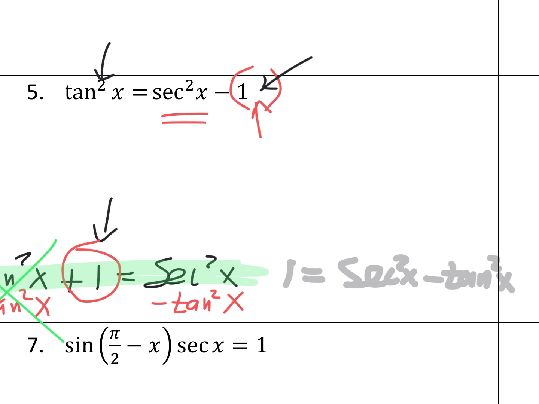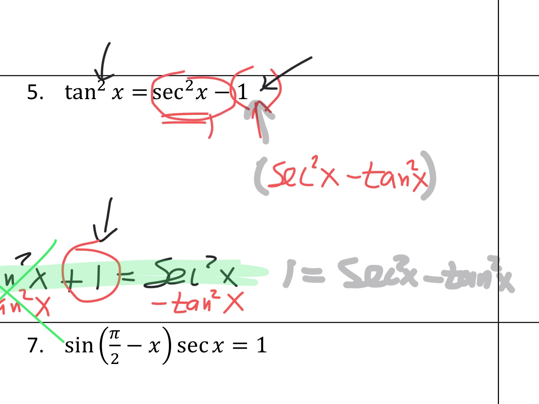Because see, when I replace this 1 here with a parentheses, secant minus tangent, and I bring down, this is just copying down.